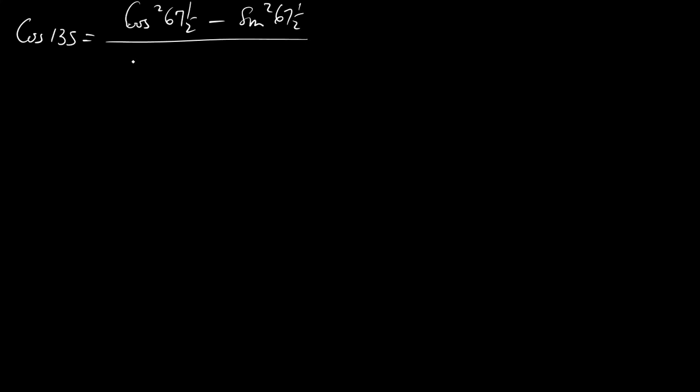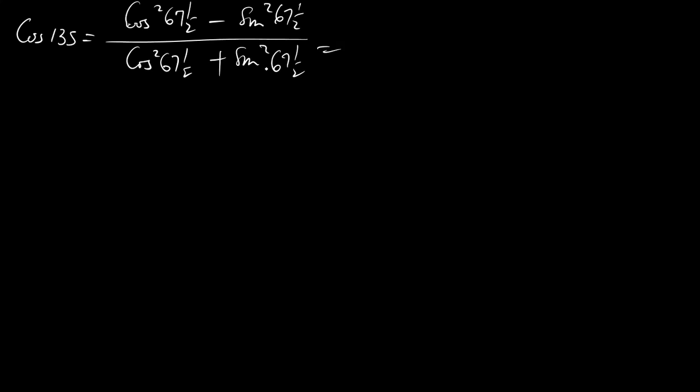Now cos 135 is equal to cos square 67.5 minus sine square 67.5 all over cos square 67.5 plus sine square 67.5.